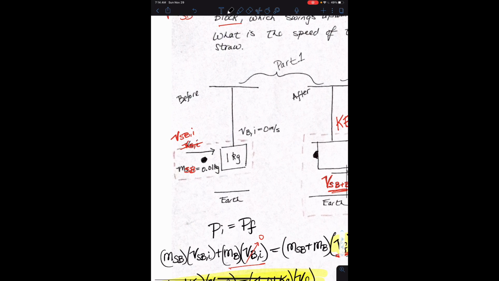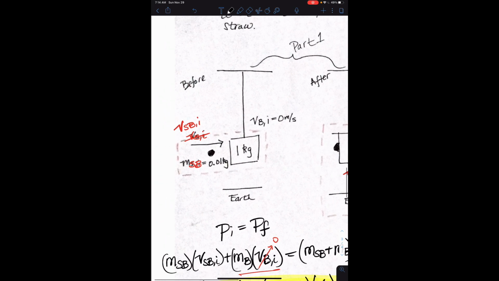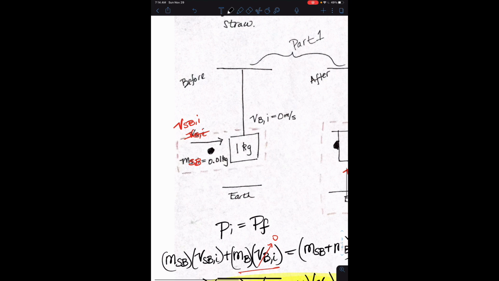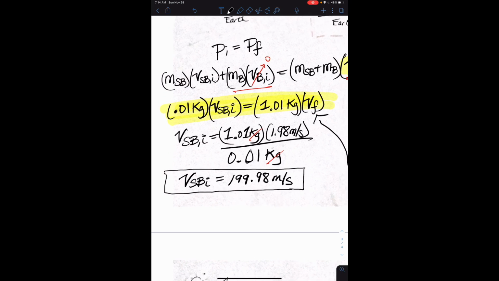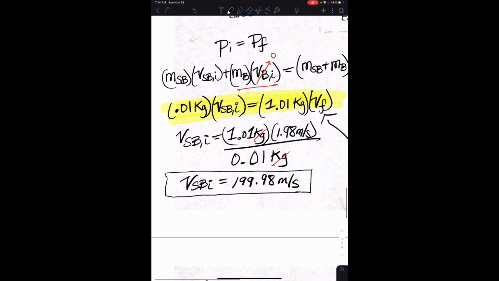So in order to hit a 2.2 pound block with a 10 gram object, you really got to be cruising. This is like 450 miles an hour. Something crazy. So anyhow, there you have it. There's our final answer right there.